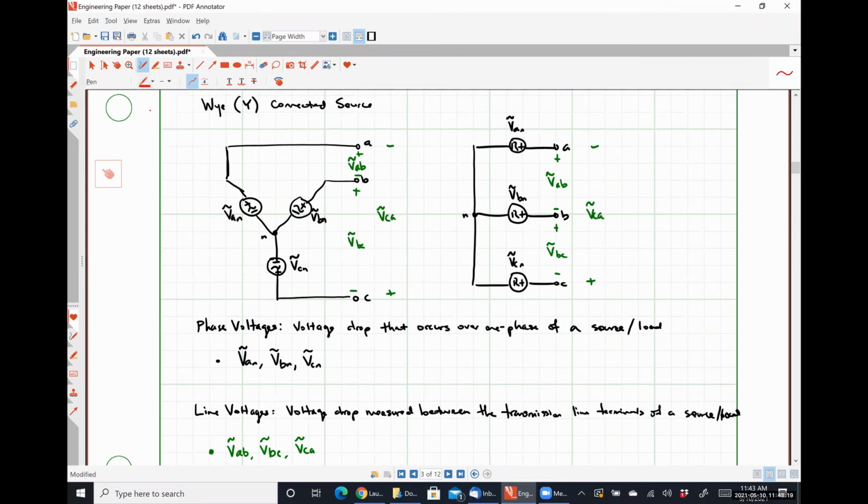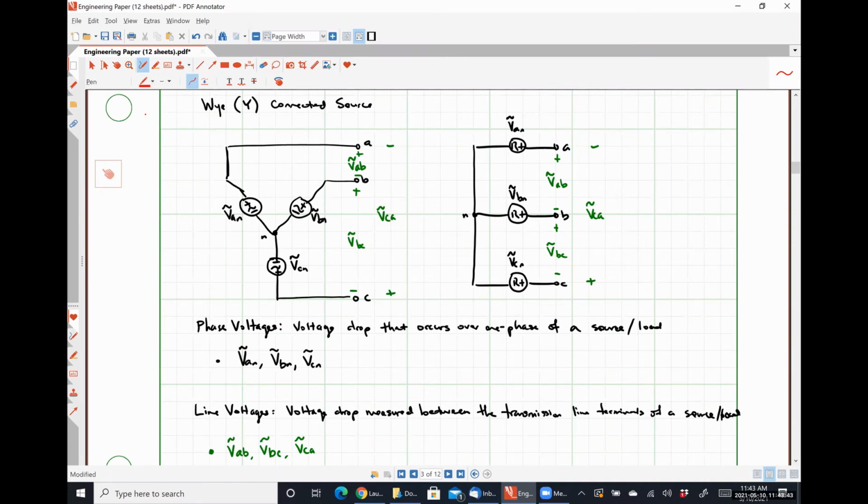I choose to define them as always flowing into the positive polarity terminal, okay? Even for sources, I just choose them arbitrarily to be flowing into the positive polarity terminal, so that when I'm dealing with a source, the product of the voltage and current is the supply power. When I'm dealing with a load, the product of the voltage and current is the absorbed power, okay?